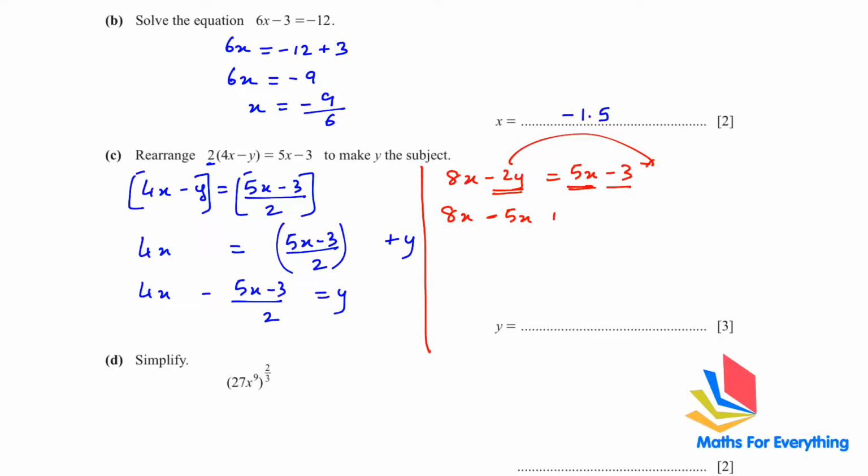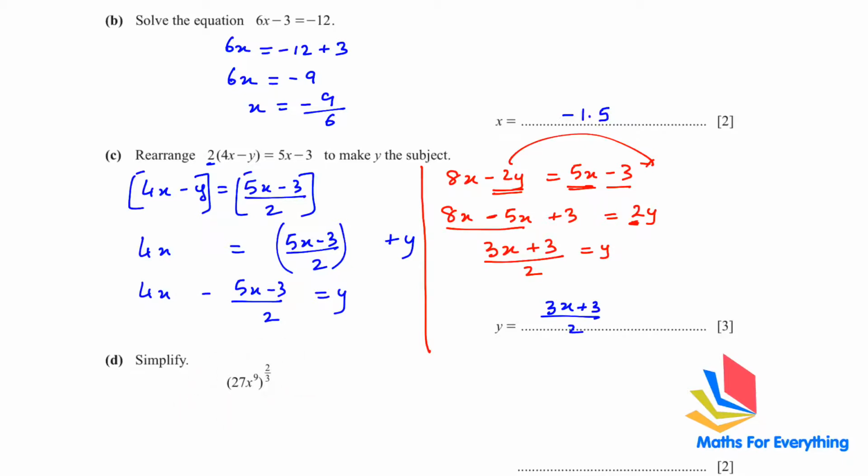The negative 3 will be positive 3 is equal to 2y. 8x minus 5x will give us 3x plus 3. And this is a multiply, 2 multiply by y. So when we bring to the other side, it will be a divide. So both the answers you can write it, whichever way you find it easy. For now, I will use the expanded form answer.